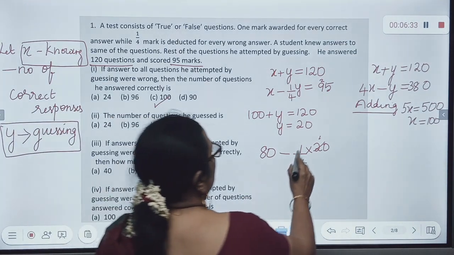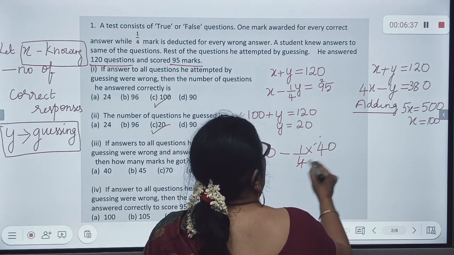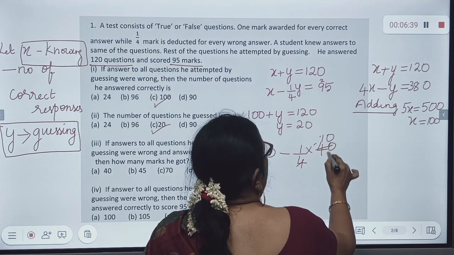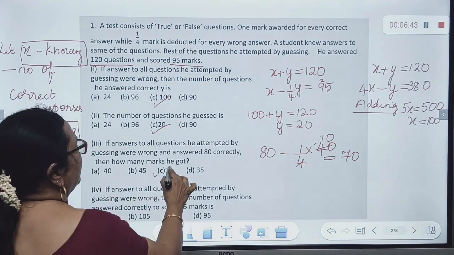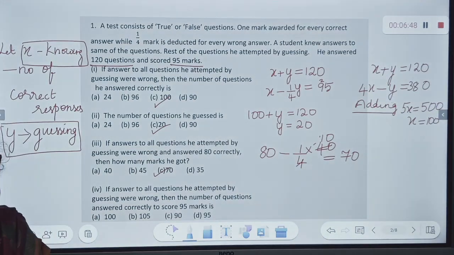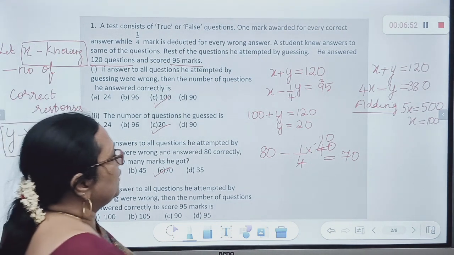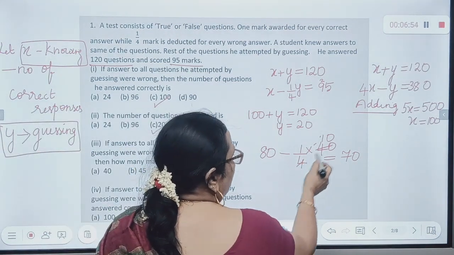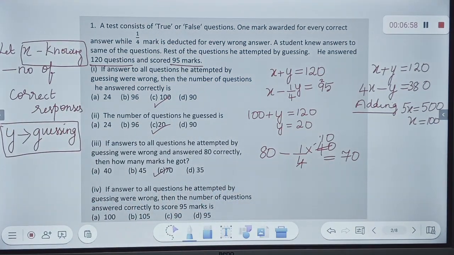One by 4 into 40, because 80 is answered correctly. So you will get 10, 80 minus 10, 70. So 70 is the answer. See, he answered 80 correctly. That means he answered 40 wrong by guessing. For that 40, you will lose 1 by 4 into 40, 10 marks. So the number of marks that he scores is 70.